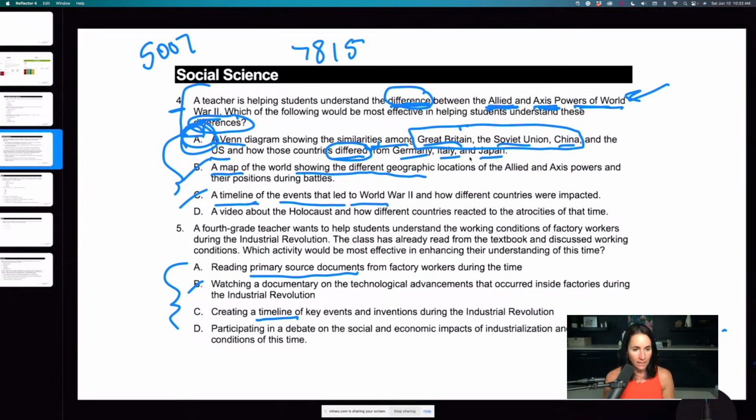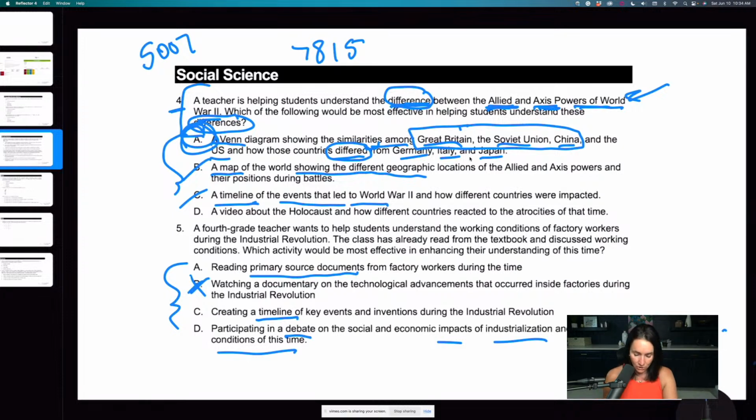And let's have a look at D, participating in a debate. Okay, I like the debate because that's interactive. It fosters critical thinking. They have to support their evidence with text, text evidence, things like that. That's really good. And on the social and economic impacts of industrialization and working conditions of the time, I like D as well. So let's have a look at the question, but notice I got rid of B right away.